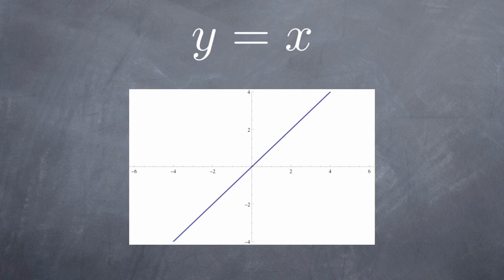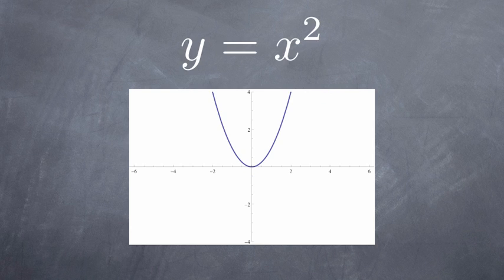Alright, first off, y equals x, that's the basic form of our simple ordinary line. So just any sort of diagonal line, that's going to be some variation on the basic equation y equals x. Next is our parabola. So we've seen parabolas before. This is going to be some variation on our basic graph y equals x squared.